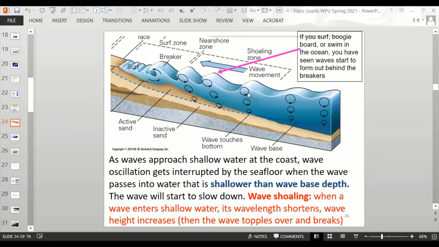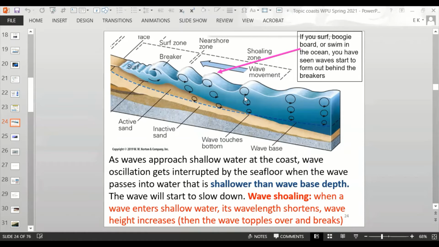And now the depth of the water here is the same depth as wave base. So now the wave movement is interrupted by touching the seafloor.